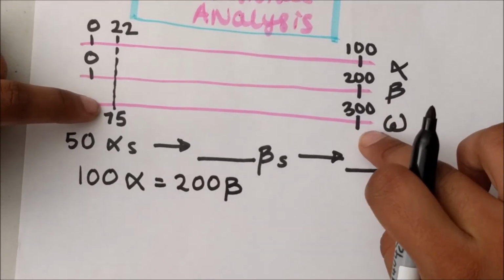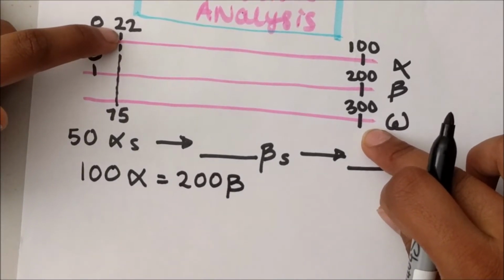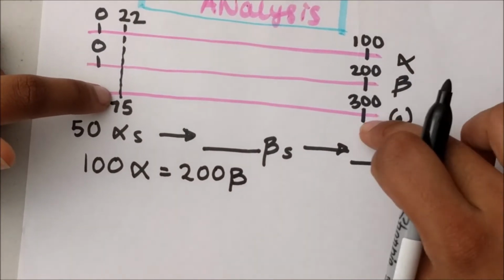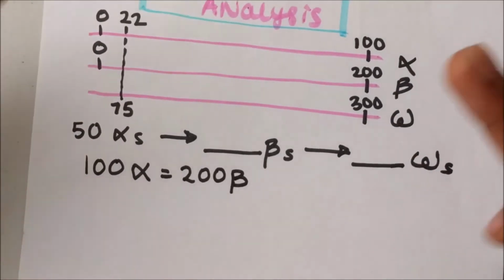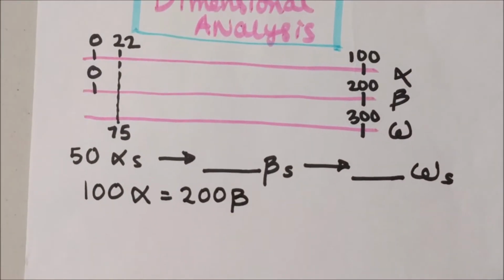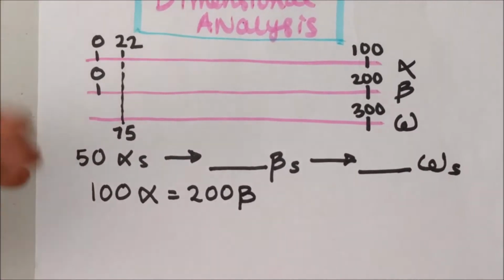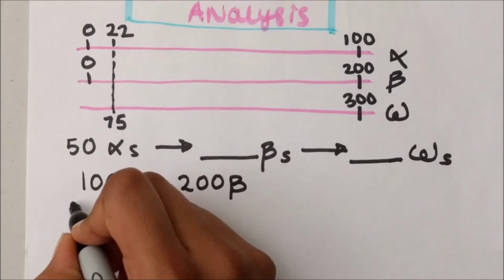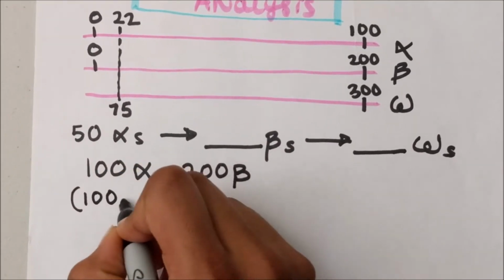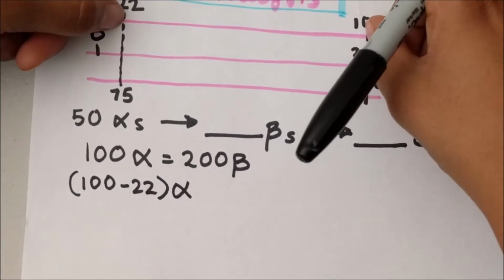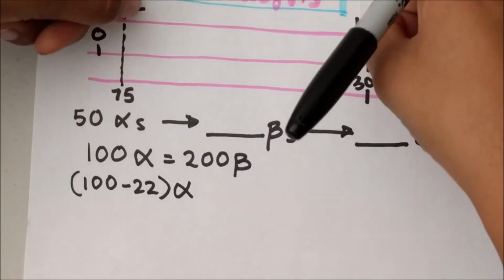Moving on, we see that 22 to 100 alphas equals 75 to 300 omegas. This might be a little challenging at first, but we can use simple subtraction to find the answer. So 100 minus 22 alpha, because we're only looking at the distance between these two points.